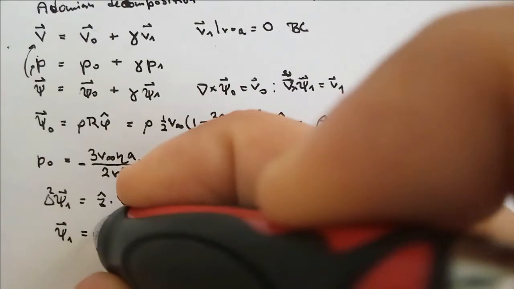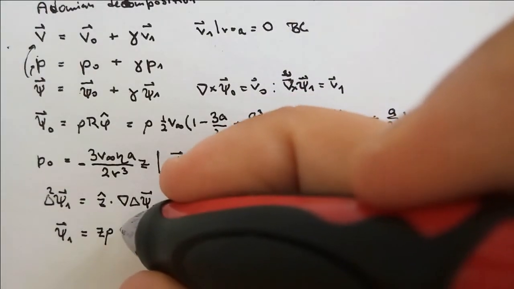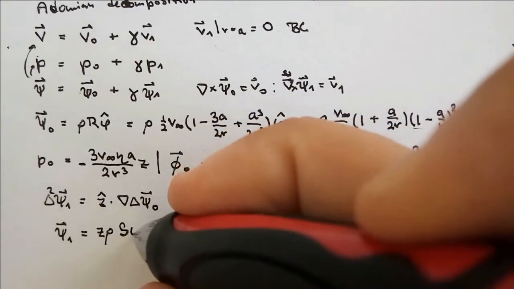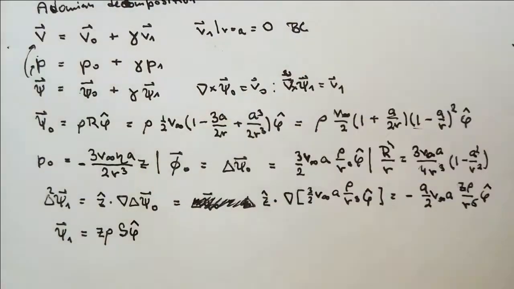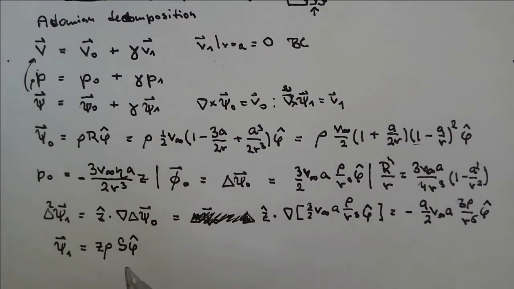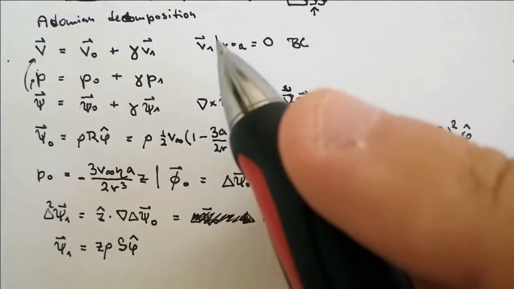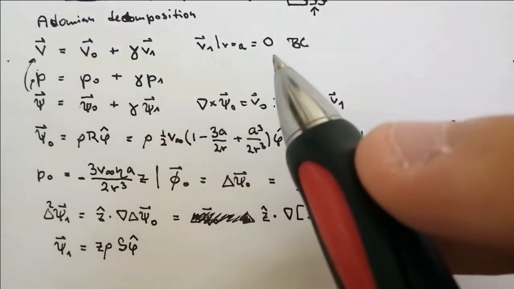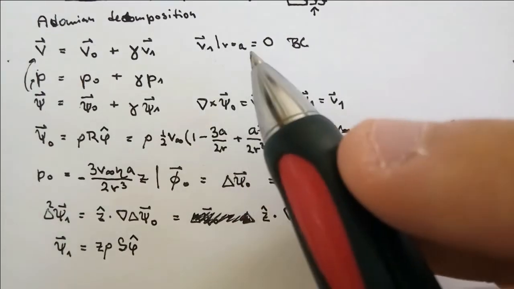Psi1 we will guess as this. It's as we did with the Stokes formula: z times rho times s times psi hat. This is our guess, and the boundary conditions have to be satisfied. The first boundary condition is that the velocity is equal to 0 at r equal to a.